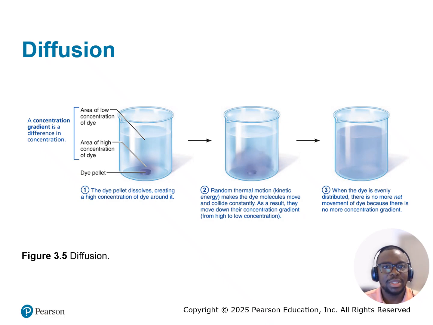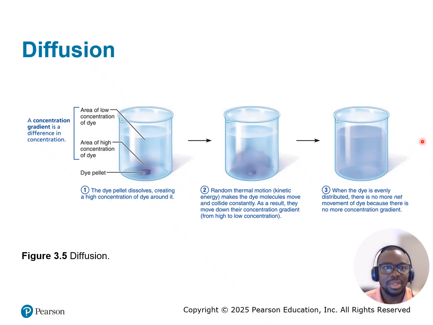This figure illustrates diffusion in 3 steps. In the first step, a dye pellet is placed in a beaker of water. The dye pellet dissolves, creating a high concentration of dye around it. In the second step, the dye molecules from the pellet are diffusing into the surrounding water. Kinetic energy makes the dye molecules move and collide constantly.